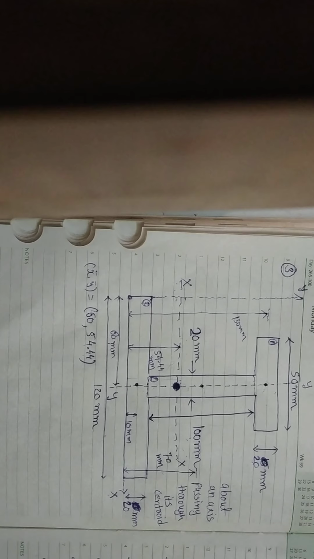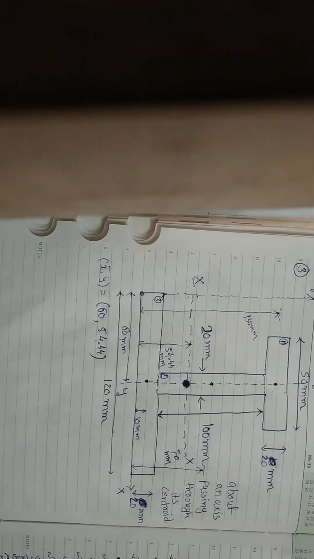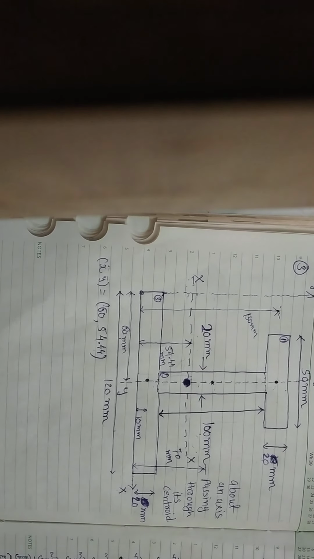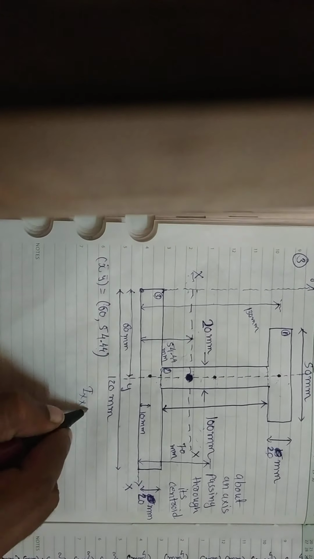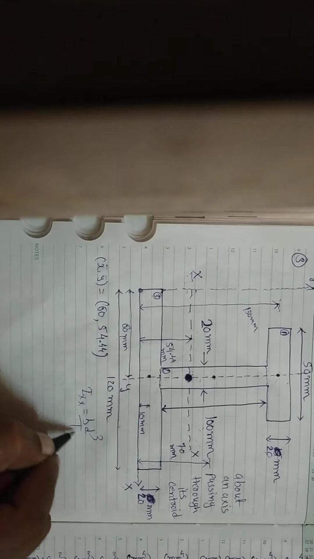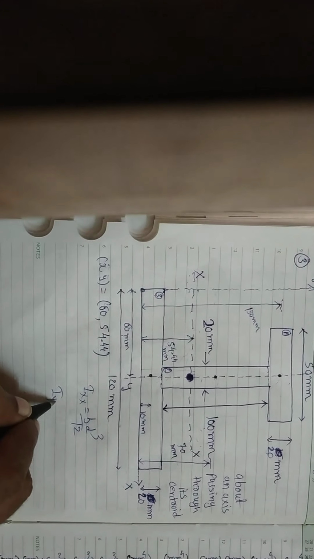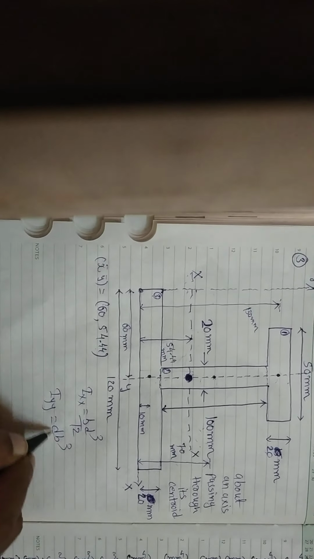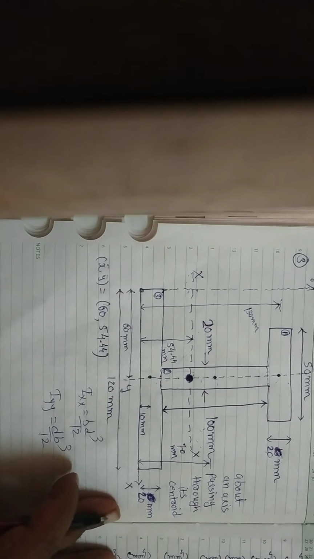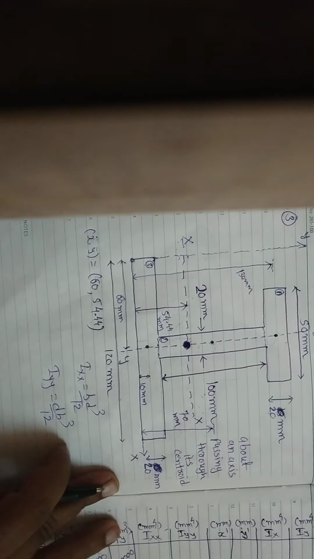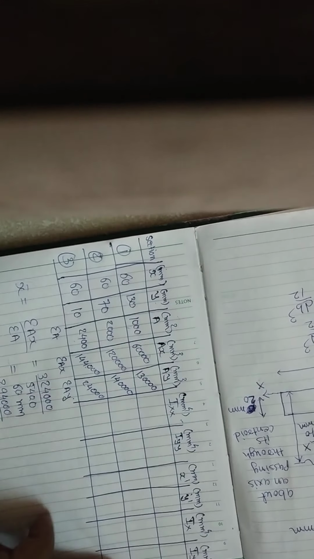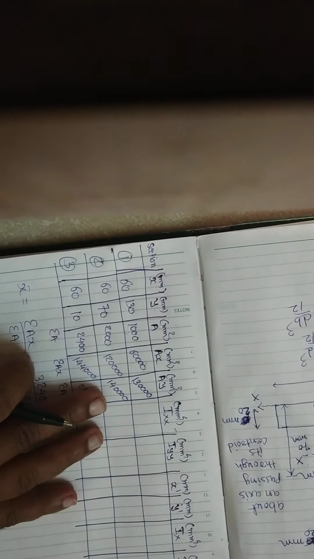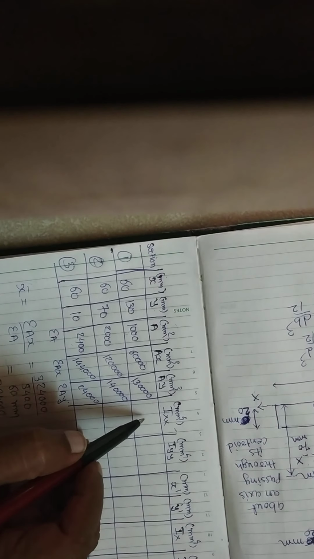We are going to practice the calculation of Ixx of each shape, and as we know, the equation of Ixx is equal to BD cube by 12 and Iyy is equal to DB cube by 12. We are going to use this equation for section 1, section 2 and section 3, and mark the values as in examples number 1 and 2.